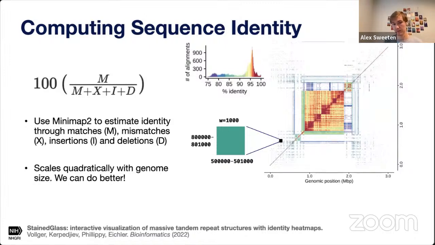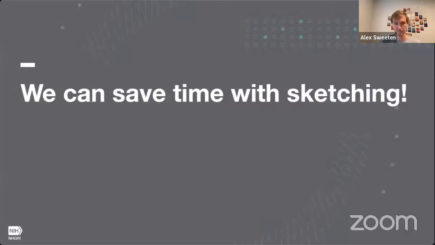So this works, but it scales quadratically with the genome size. If you have a genome of size n, you're producing a matrix of size n squared, and you're doing computations on n squared values. So this quadratic scaling is quite time intensive and leads to high computational overhead, so we can do better. We can save time specifically by sketching within our intervals.